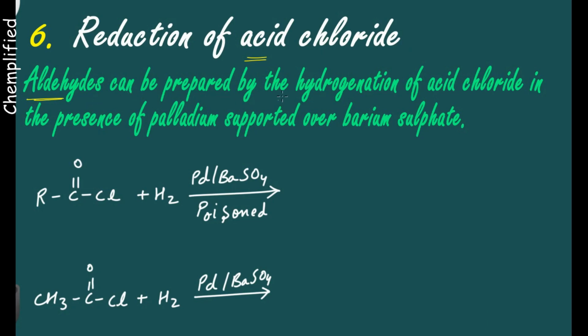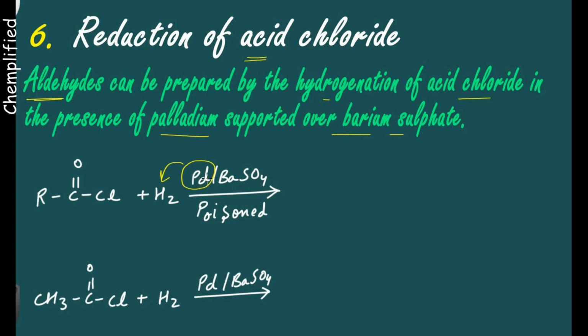Aldehydes can be prepared by the hydrogenation of acid chloride in the presence of palladium supported over barium sulfate. Now whenever you see palladium or platinum with hydrogen, it simply means reduction is going to take place.